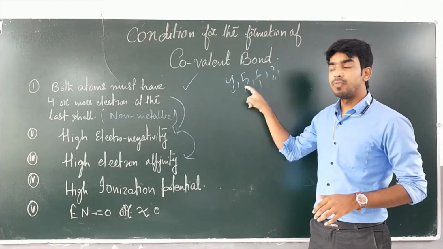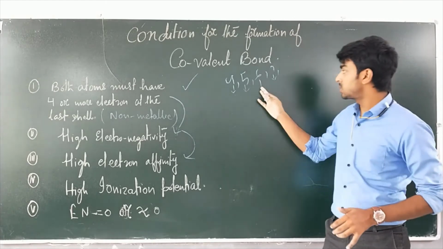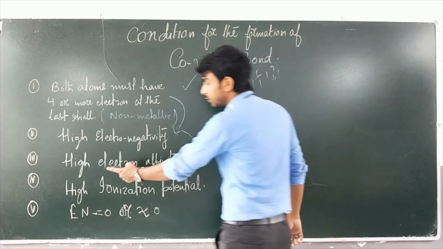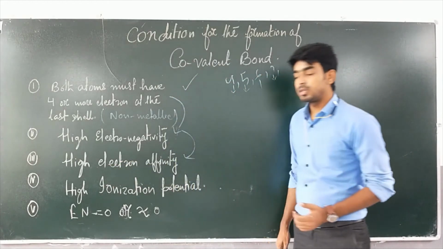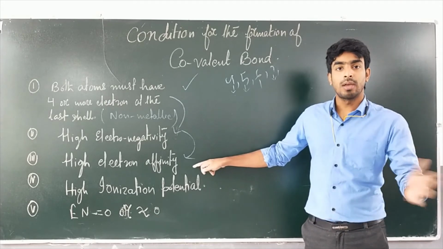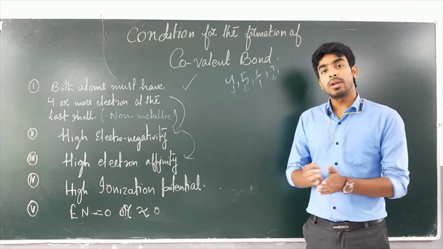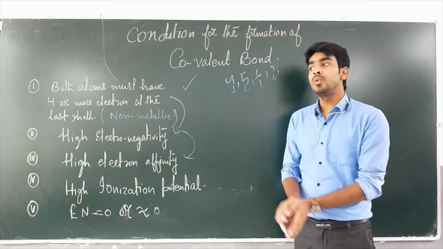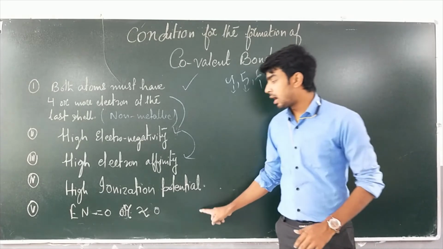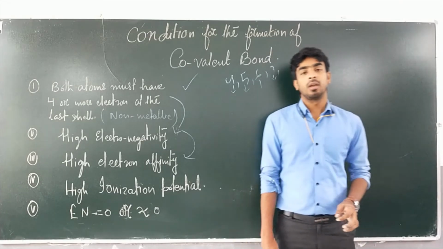But in 5, it will be more, in 6 more, in 7 more. So what we understand is that the more electronegativity there is, the more electron affinity there will be. And the more electron affinity, the more likely it is to form a covalent bond between the two atoms.